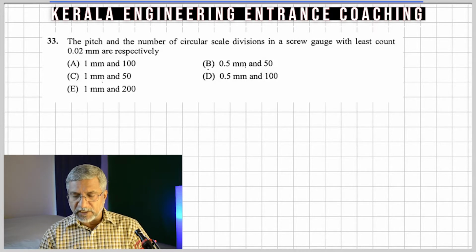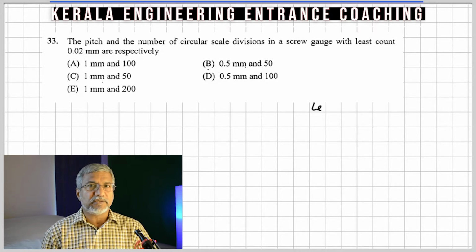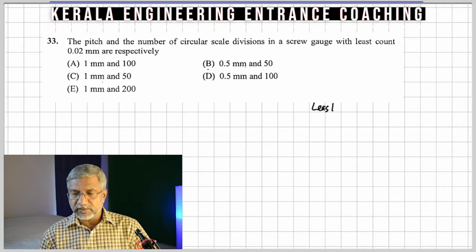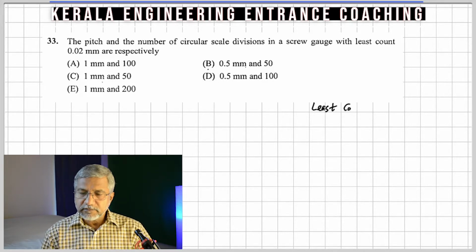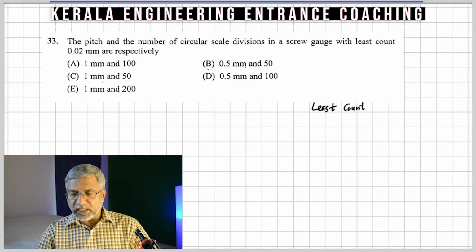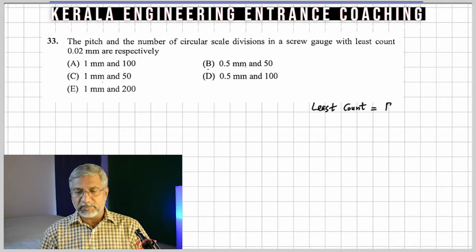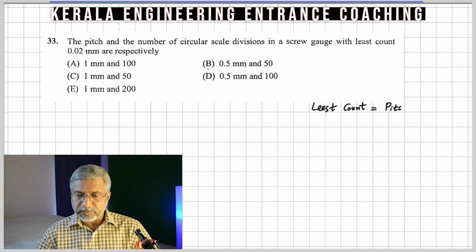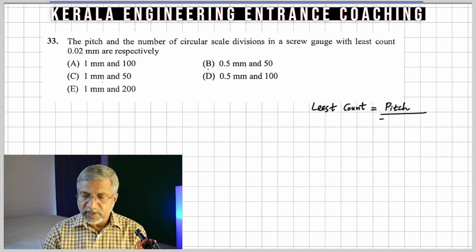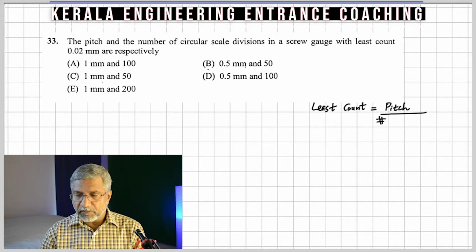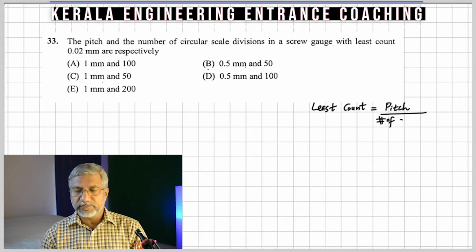So let me write that. Least count is pitch divided by number of divisions. In this case, the least count is given, but we have to figure out the other two.